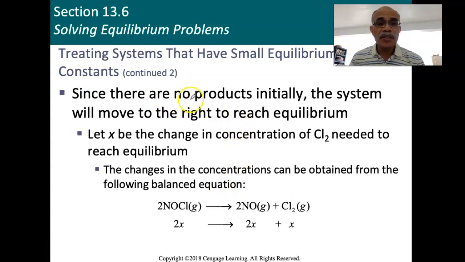Since there are no products initially, the system will move to the right to reach equilibrium. So we can now set up the ICE table. This one will be 2x, this one will be 2x, and this one will be x. But let's try and put in the sign, because we should know which one is consumed. This one will be negative, this one will be positive, this one will be positive.